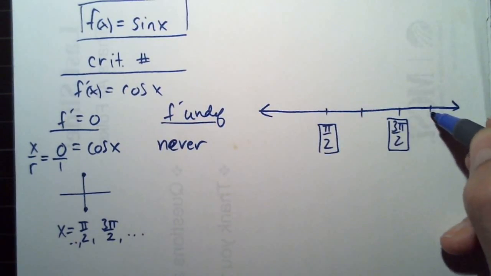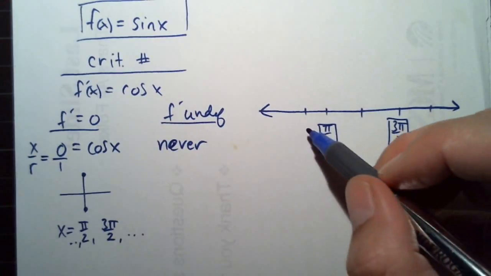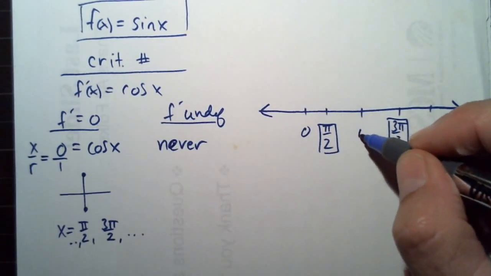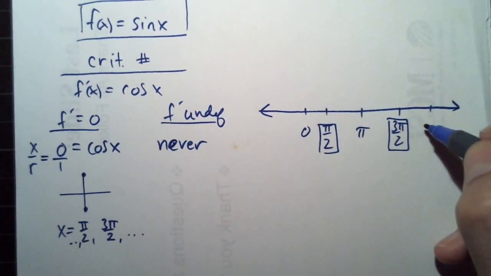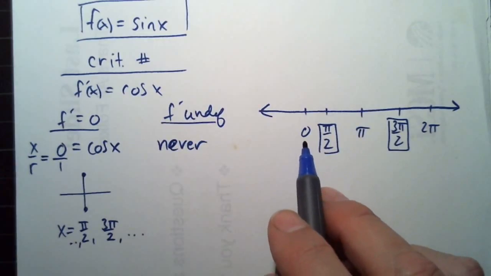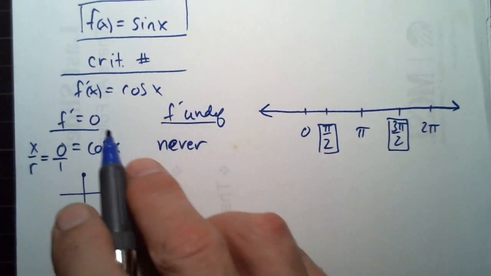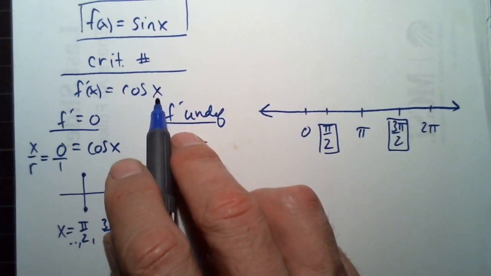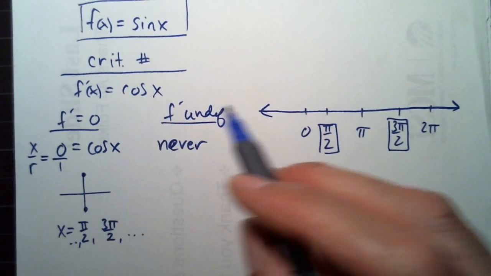We need to check numbers in between. So let's check 0 and pi and 2 pi. And we need to find the slope at 0. So f prime of 0 means we put a 0 in here, and cosine of 0 is 1.